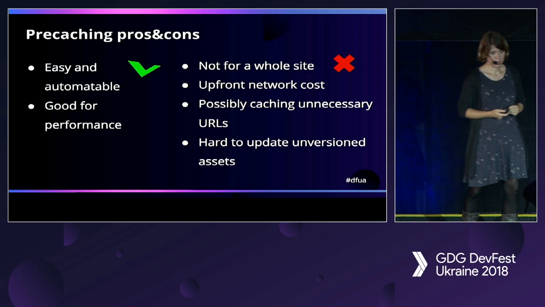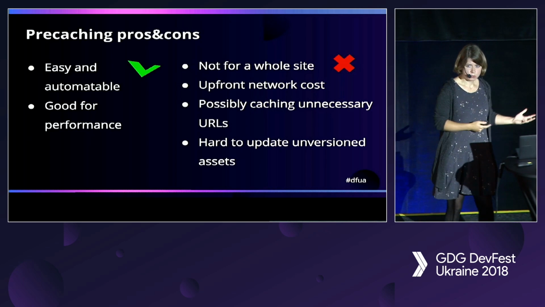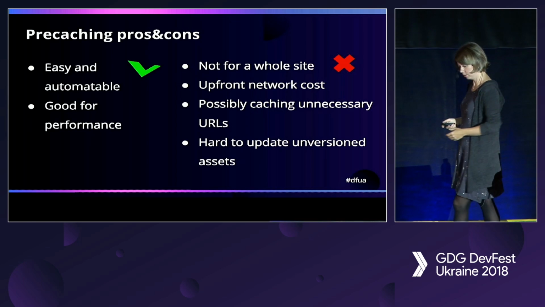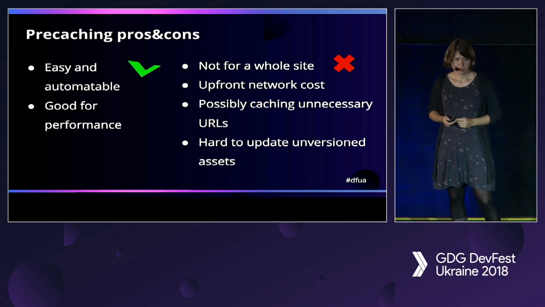It's not good for some reasons as well. It's not for a whole site. As I said, because of the size of the app, for big apps, you don't want to push every single asset and URL into your precache. It does cause some upfront network congestion, right?